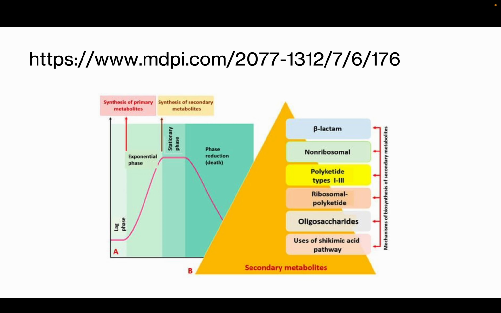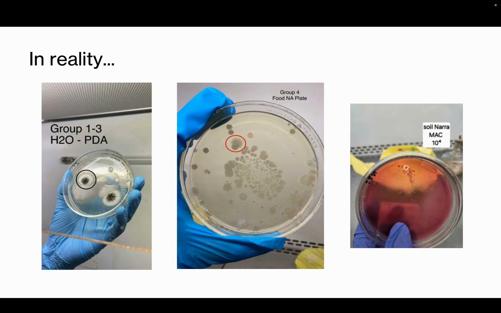So we accepted the fact that in reality, in environmental, non-laboratory settings, microbes exist as communities. So their secondary metabolites are not necessarily always produced during the stationary phase, since the bacterial growth curve, as we know it, is actually more applicable in a laboratory setup.